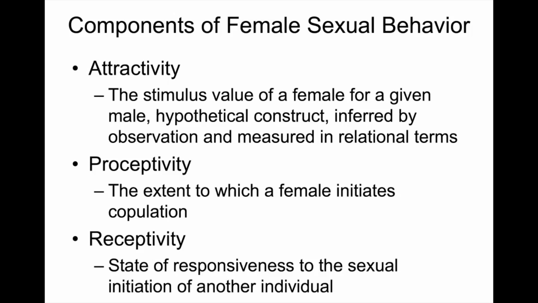And receptivity, the state of responsiveness to the sexual initiation of another individual. This, as you can imagine, is very difficult to perfectly measure in a rodent, even in a non-human primate, without vocalization of what one is experiencing. We tend to measure this just in terms of postures observed.